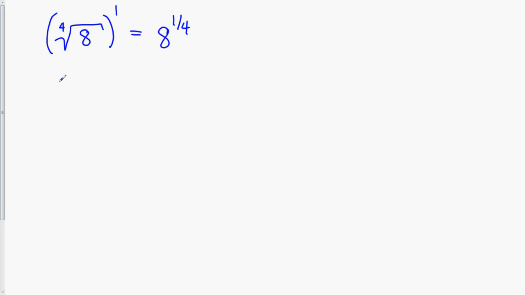Or if I gave you the cube root of 28 squared, that would be 28 to the 2/3 power. So that's going back and forth between your roots to your rationals and your rationals back to your roots.